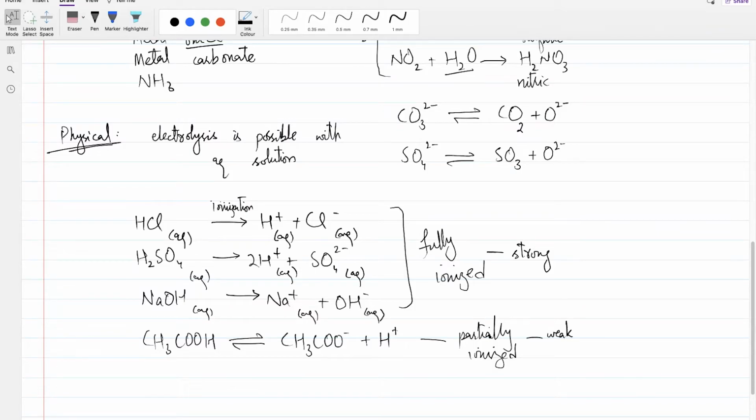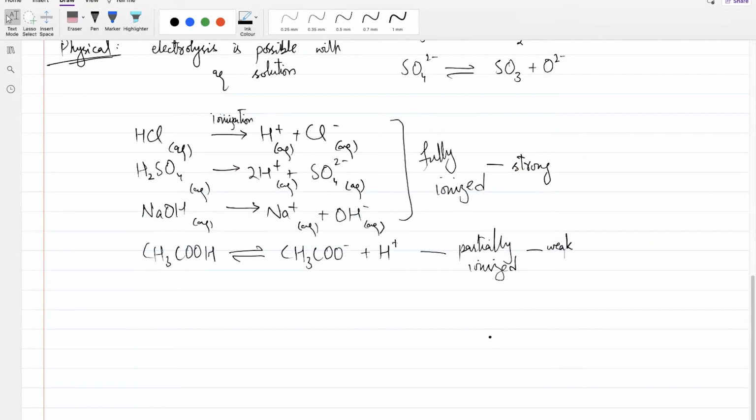Now there is only one way in our syllabus to figure out what's a strong acid and what's a weak acid, if we use what is called indicators. तो फिजिकल टेस्ट के लिए हम इलेक्ट्रोलिसिस करते हैं, लेकिन इंडिकेटर्स भी हमें फिजिकल टेस्ट के लिए आसान होते हैं. Indicators क्या हैं?